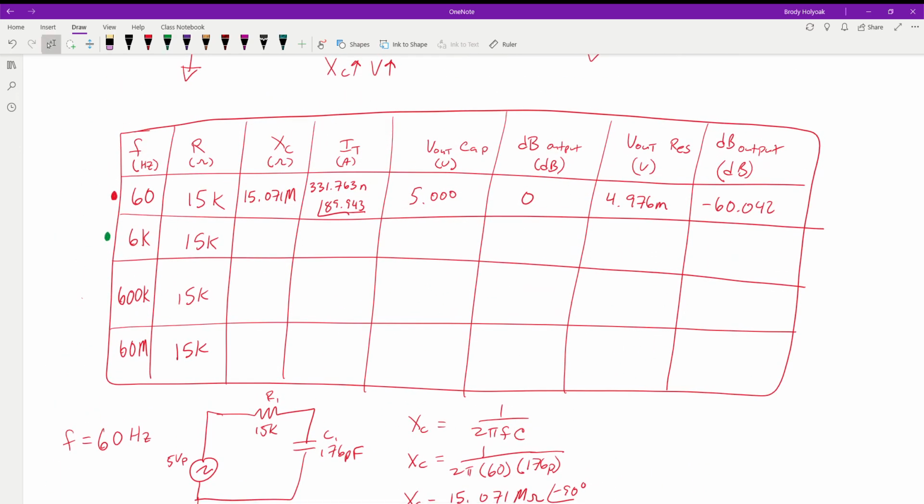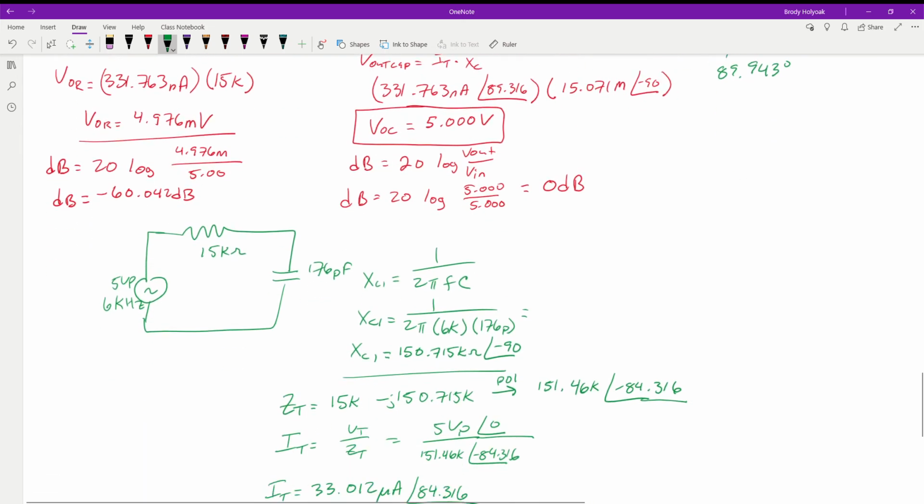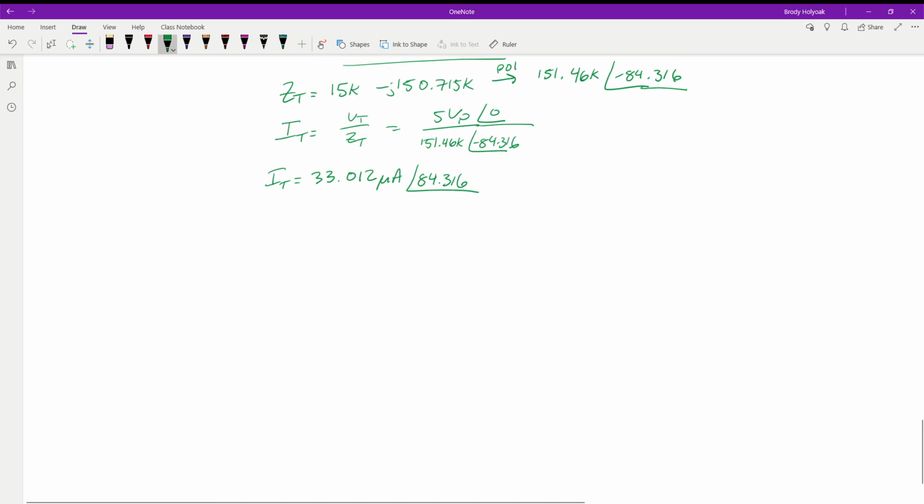So the reactance value we had is 150.715 K. The current total that we had was 33.012 microamps. And so now we need to solve for the voltages and what our decibel ratio is for each of these, the capacitor and the resistor.